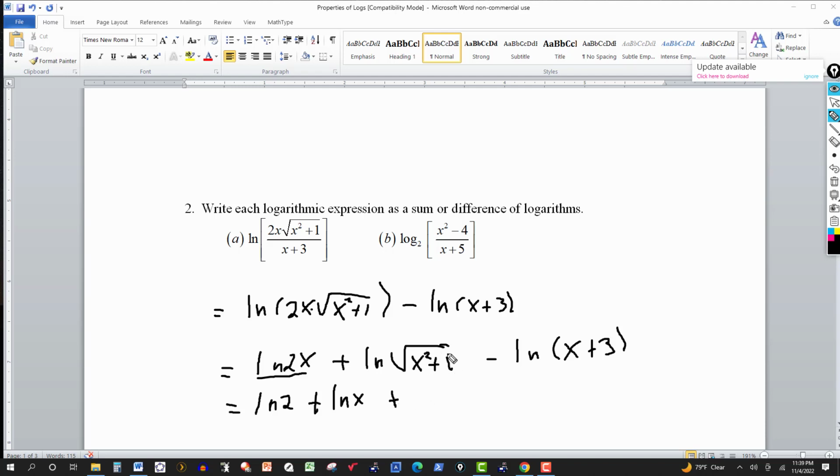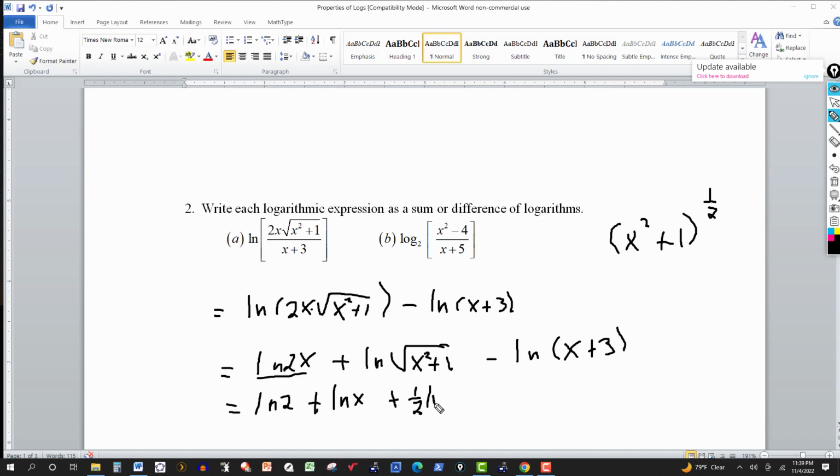And this is the square root of x squared plus 1, so I could actually write that as x squared plus 1 to the 1/2 power. And then I could use the other property that says, okay, if I have an expression to a power, I can make that power into a coefficient, so I can bring the 1/2 here in front.